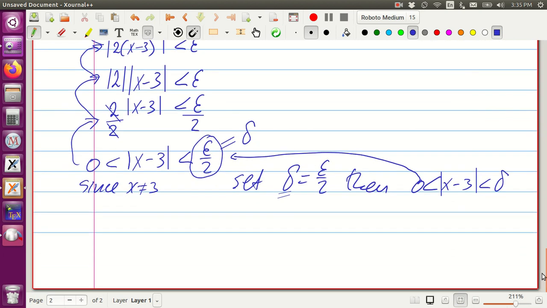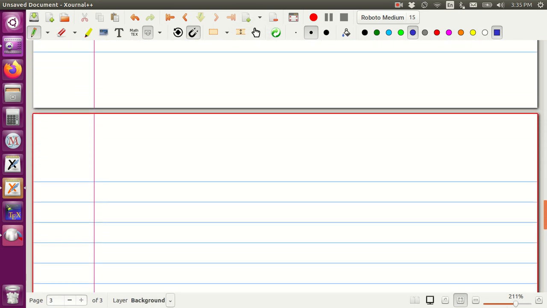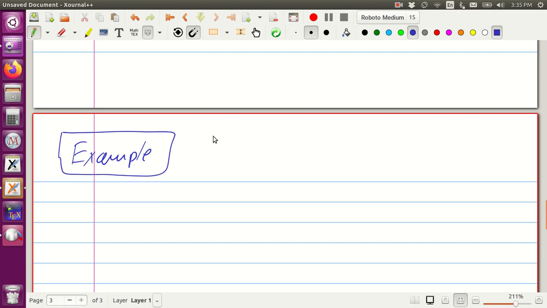All right, so before we end this lecture, let's do one more example because, again, this is a complicated idea. So another example is this one. The assignment wants us to find the limit of 3x minus 1 when x approaches 2.